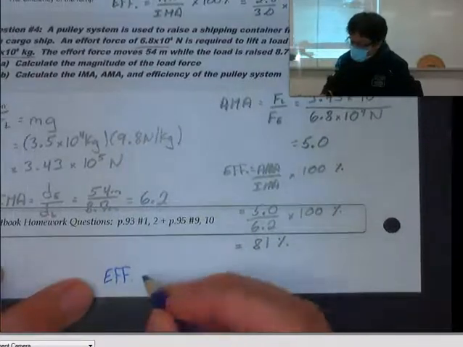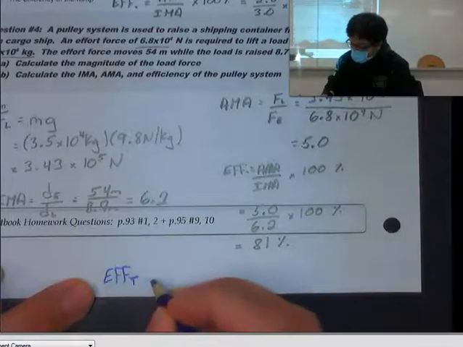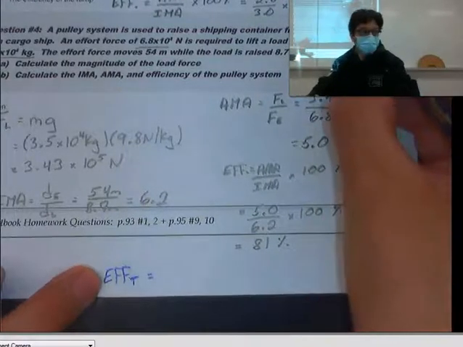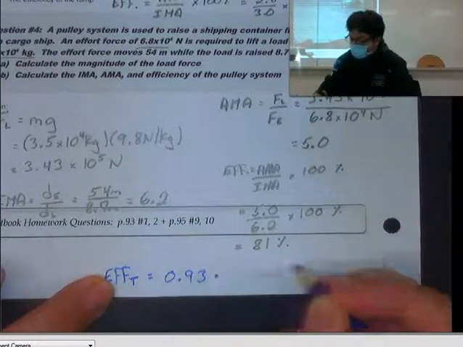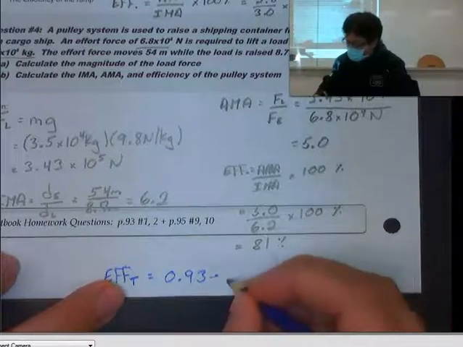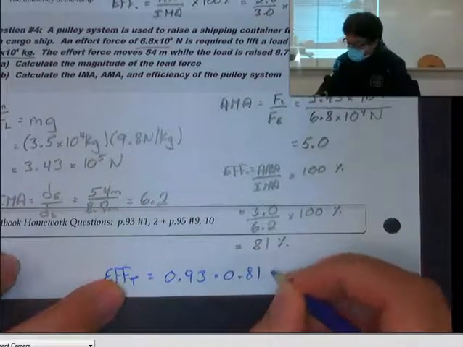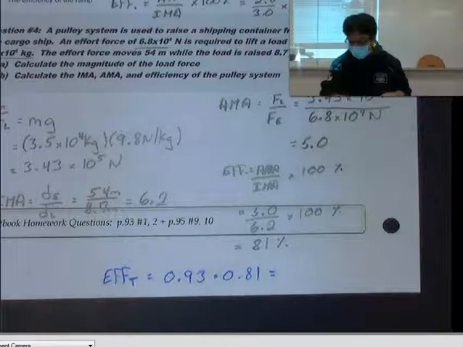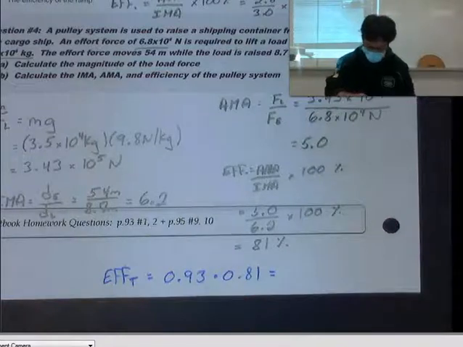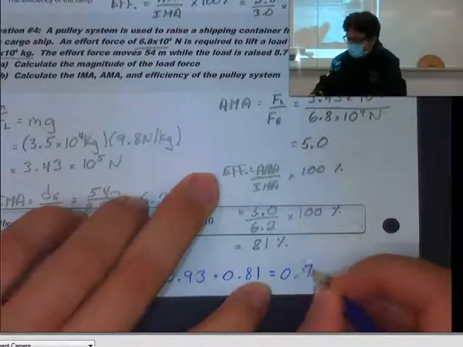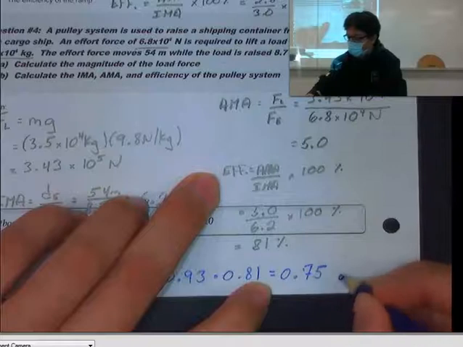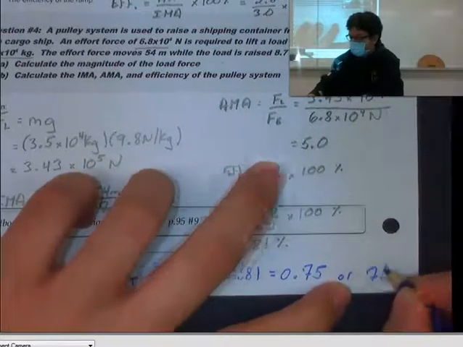So our total efficiency equals the first one, 93, but that's 0.93, multiplied by the second one, 81, which is 0.81, which gives us a total efficiency of the two machines together of 0.75, or 75%.